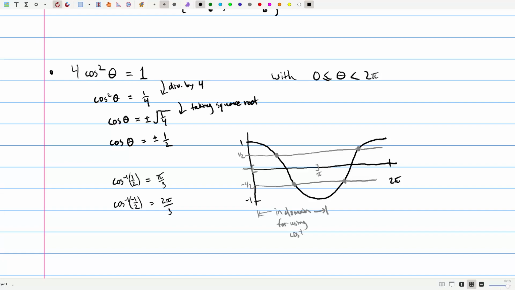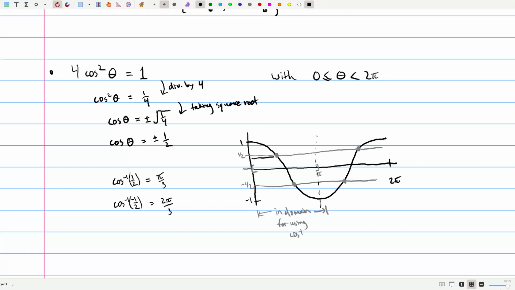Now we need to get the other two. Well, I guess we can use the symmetry idea. If we're reflecting it over pi here, so flipping it like this, then the way that works, 0 becomes 2 pi, 2 pi becomes 0. We just do 2 pi minus each of those to get the other one.